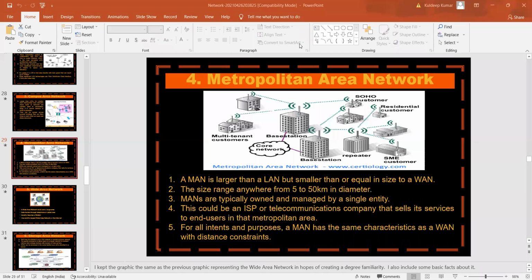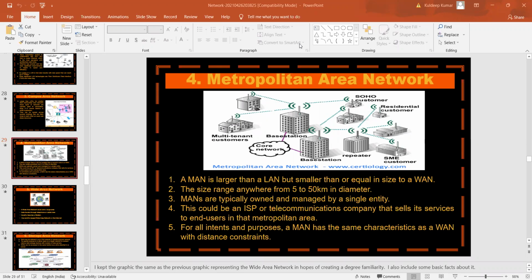The fourth network is metropolitan area network. It is larger than LAN but smaller than WAN. It covers a city. The range is from 5 to 50 kilometers in diameter. Earlier, the MAN network was used in cities.